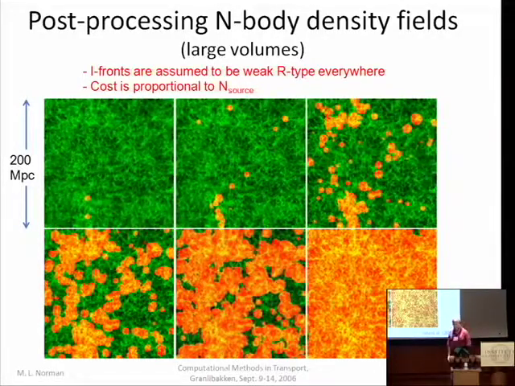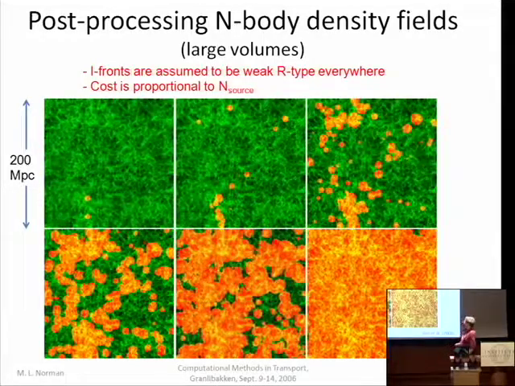The thing I would like to point out, however, is that this is really a cheat. The I-fronts are assumed to be weak R-type everywhere and at all times, which is certainly not the case. If you think about it, by the time the I-fronts have gotten out into the mean intergalactic medium, on average the density is constant, and therefore, just on simple grounds, it should start to slow down.